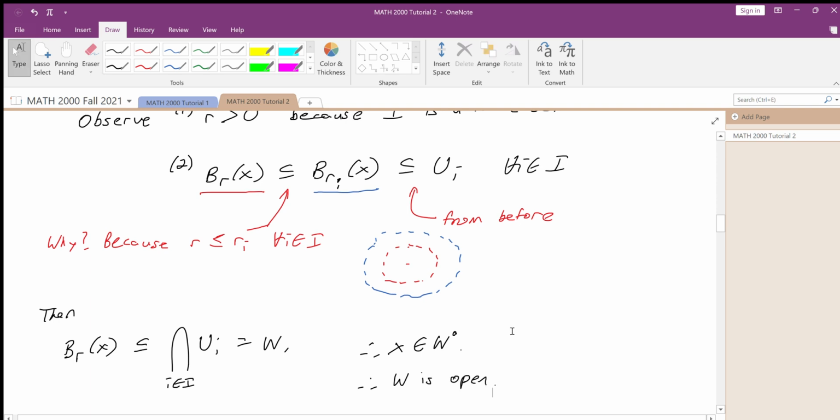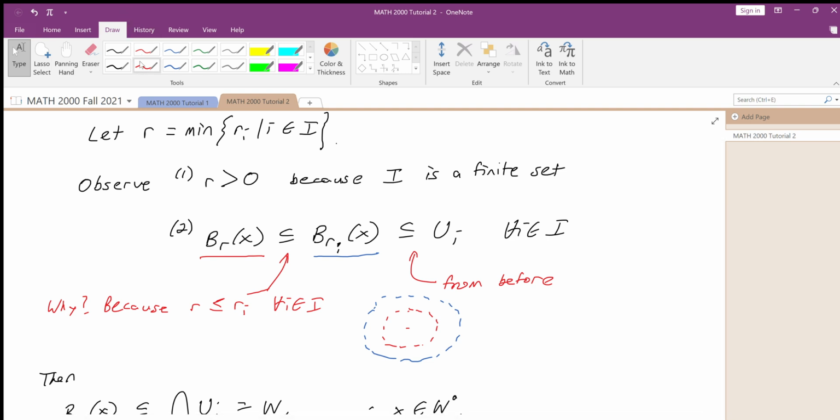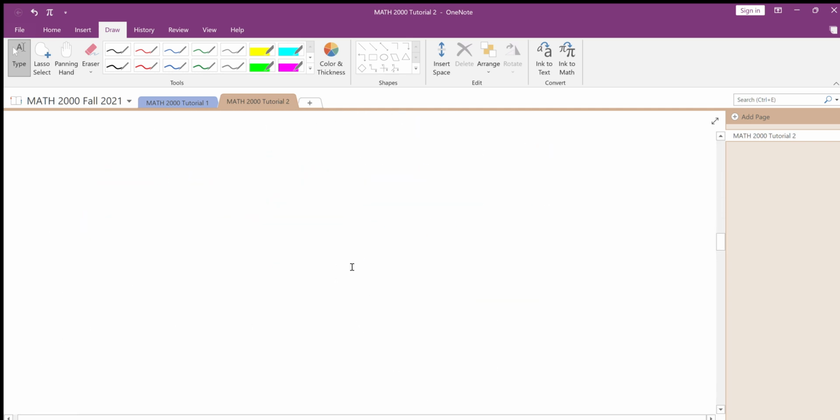Before I continue, I want to point out why we need I to be a finite set. This is important because if I was an infinite set, this proof would not work. It was not guaranteed to work, at least. So, aside, why is I a finite set? Why not an infinite set?